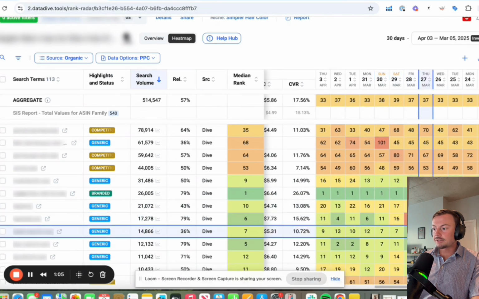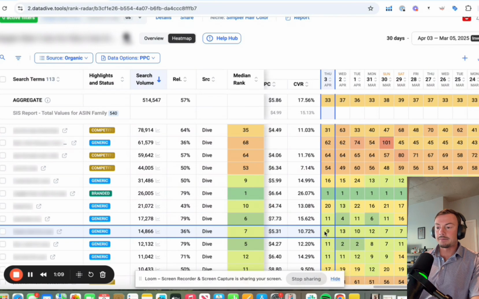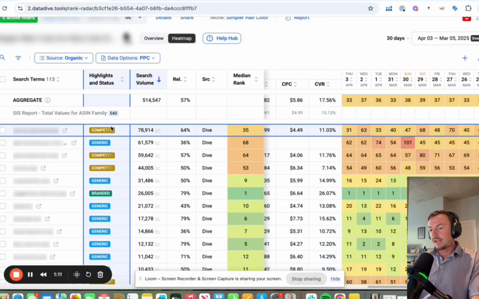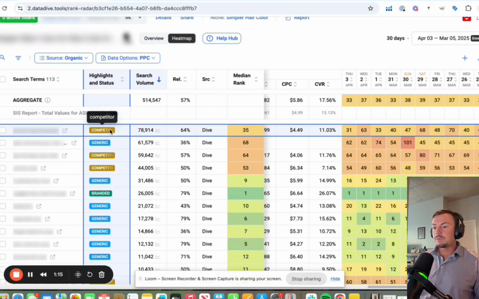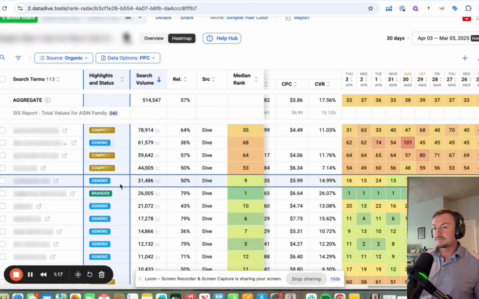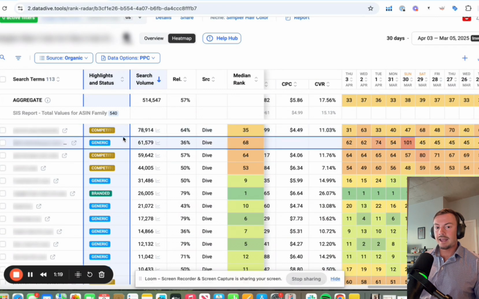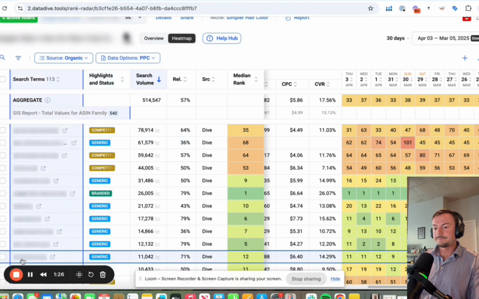And then for our generic terms, we've seen some variations in rank, but we're trying to stabilize in the top 8. So if you use any sort of rank tracking, and I highly encourage that you do, I would implement this kind of tagging system so that you can very easily see how much of your ad spend is going to these different buckets and implement different return on ad spend targets for each of these.